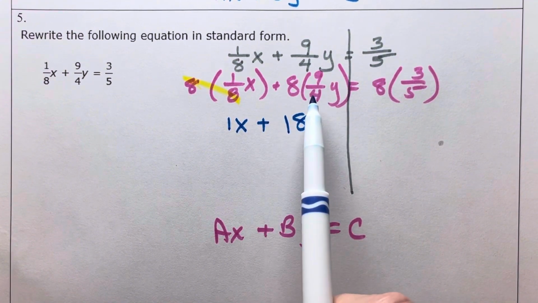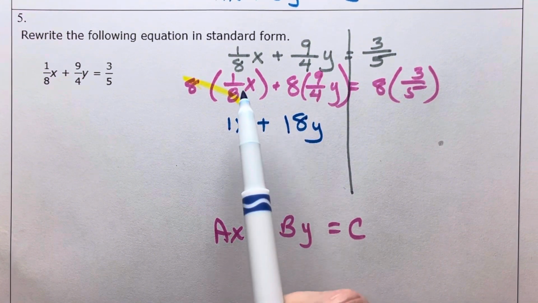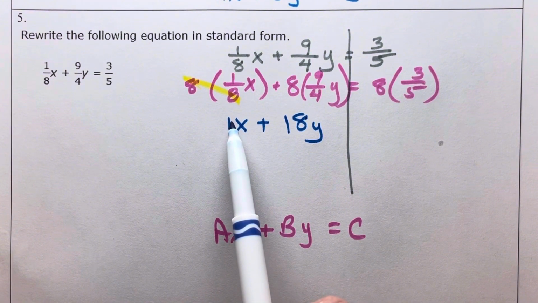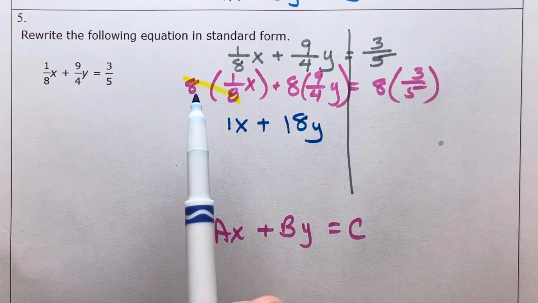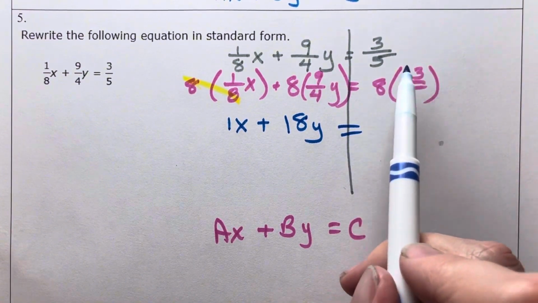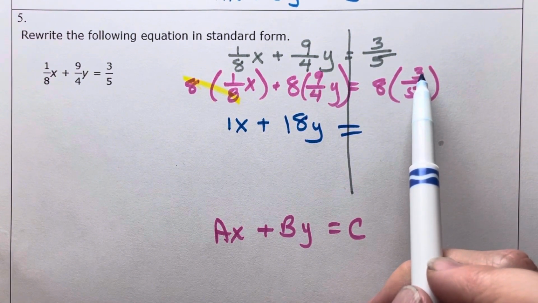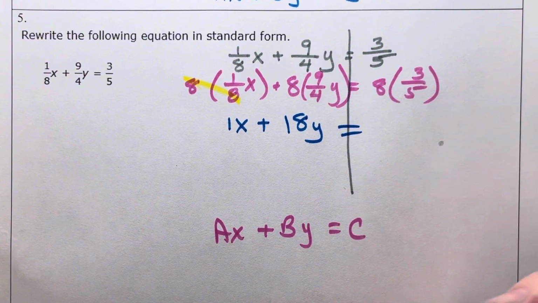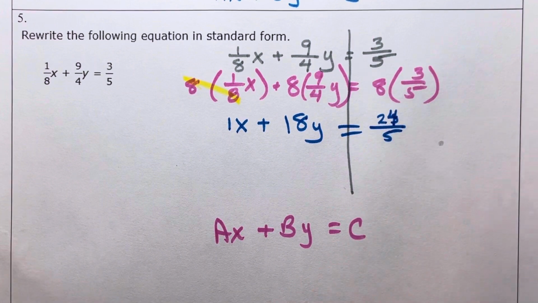We could have multiplied by 4 first, and it would have gotten rid of this y fraction, but it would not have also gotten rid of the x fraction. So this multiplying by the largest was a nice twofer, so to speak. And then multiplying 8 times our 3/5, 8 times 3 is 24. 24 does not divide cleanly by 5, so we still have to tend to multiplying by 5 on all of our terms to get rid of this last fraction.